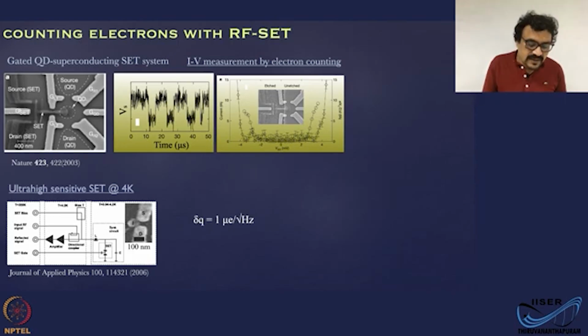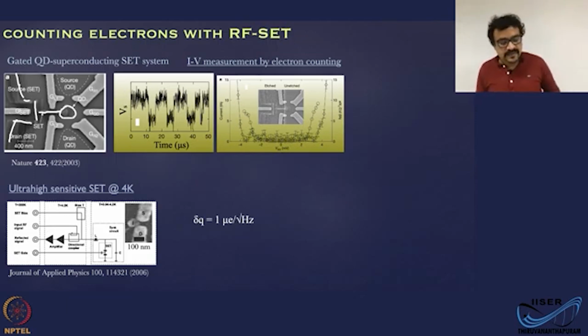In this work, you have a hybrid device which consists of a gated quantum dot. You can see these bright colored electrodes are gates, and the faint region here is the superconducting single electron transistor.